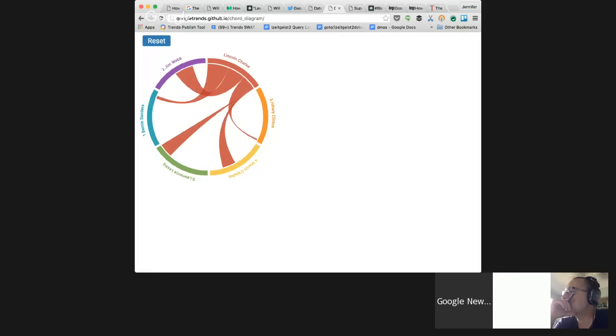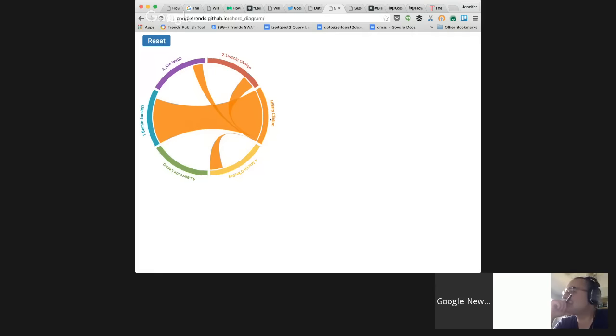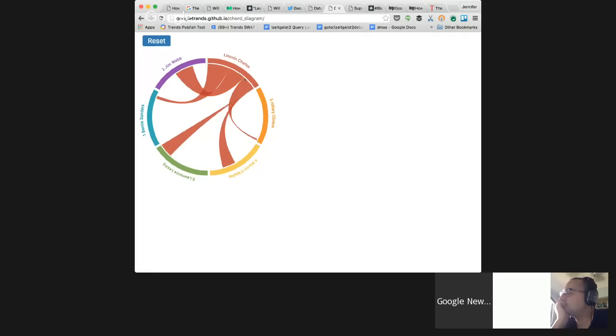What this was looking at was when you search for one specific candidate, how people then search for another candidate, and who that next candidate was. So if you hovered over Hillary Clinton, the next candidate that people searched for in Google was Bernie Sanders, Lincoln Chafee, and so on. And then you could scroll over varying candidates and see how people were aligned with other candidates as they went along.